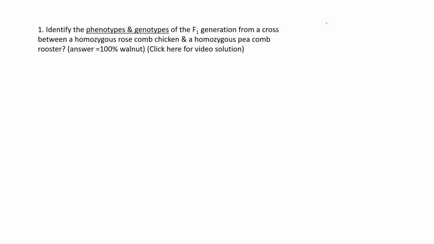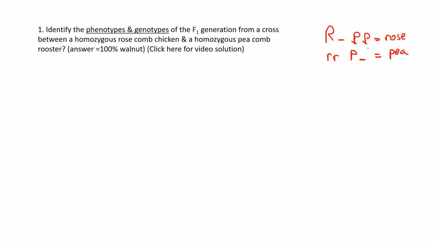If we look at that legend really quickly, we said that if I have a capital R, doesn't matter what the other allele is, but I have little p's, that's going to give me a rose comb on the chicken's head. We also said that if I have little r's and a big P, doesn't matter what the other allele is, that's going to give me a pea comb.